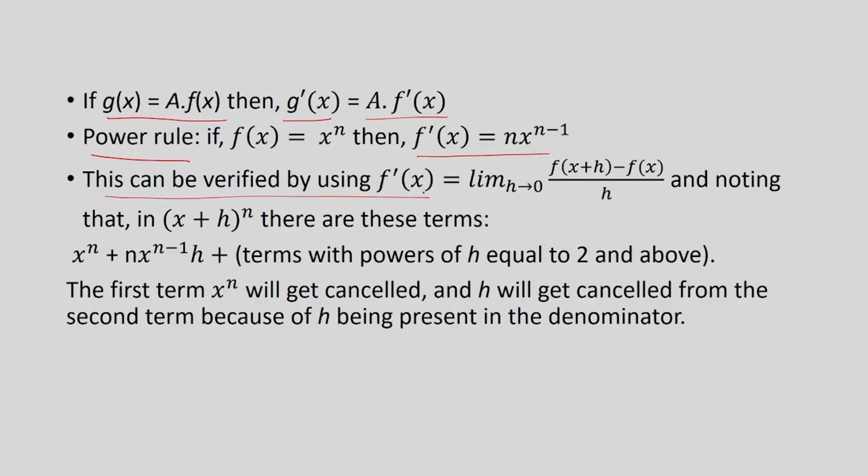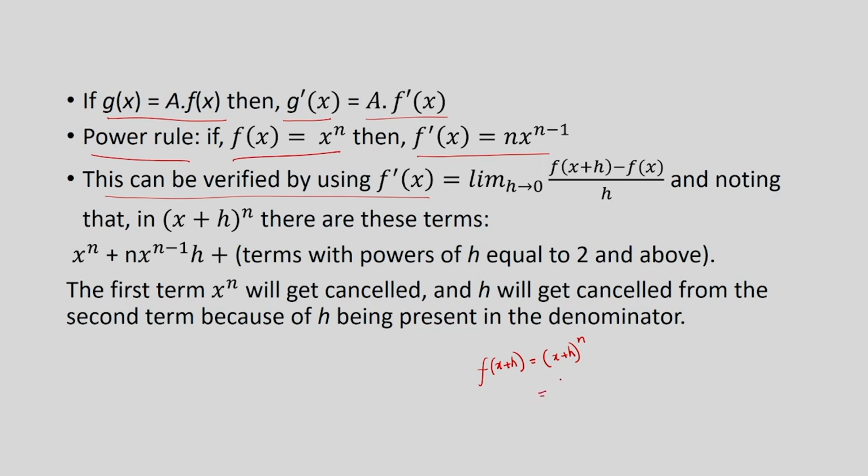We can verify this by again using the definition of the derivative, which is the limit as h goes to 0 of f of x plus h minus f of x, divided by h. In this case, f of x plus h should be equal to x plus h to the power n.